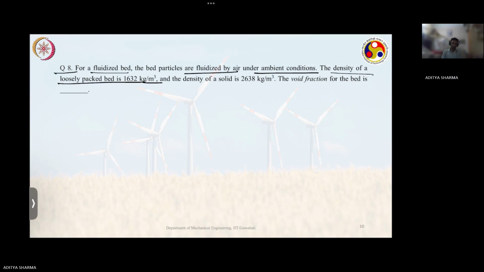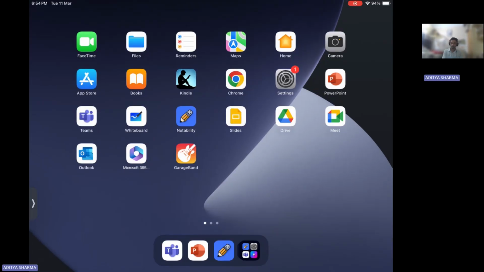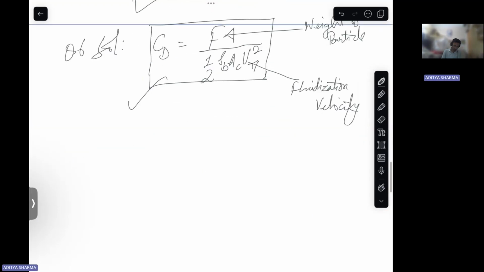When the particles are in fluidized state, it is 1632. And the density of solid, so the density of particles in general, is 2638 kg per meter cube. So we need to find out the void fraction. This is your question number 8.